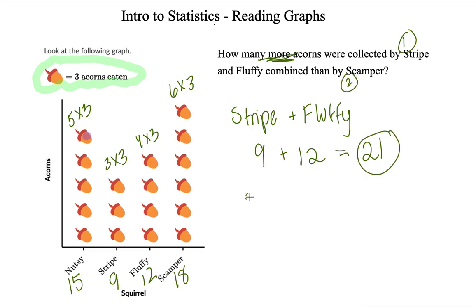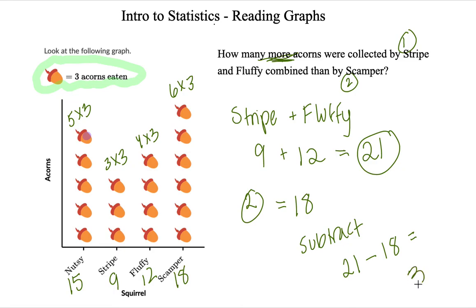Scamper collected 18. So how many more acorns is 21 than 18? You'll subtract, and the answer would be 3 acorns.